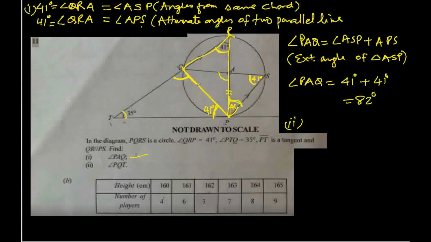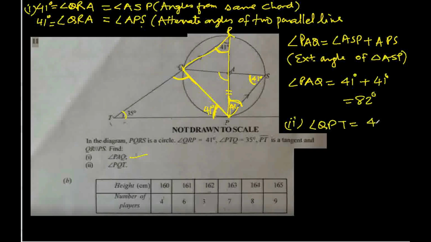The angle formed by a side of a triangle and the tangent on a circle is always equal to the angle formed by the other two sides of that triangle. That's the alternate segment rule.